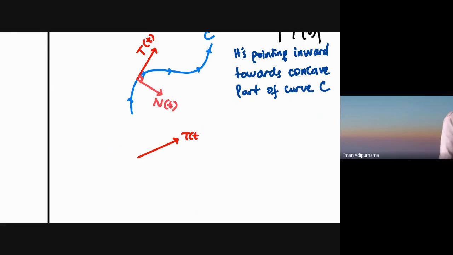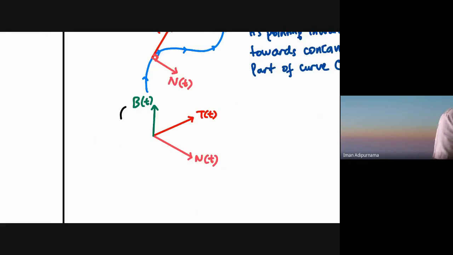If this is tangent and maybe this is the normal, then this is the, usually we use B for binormal.